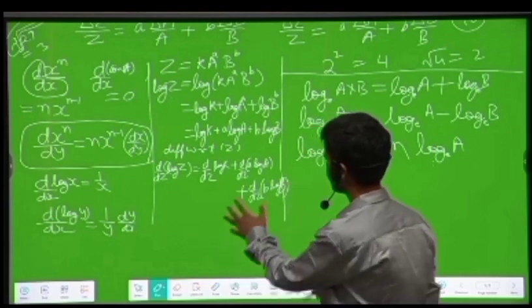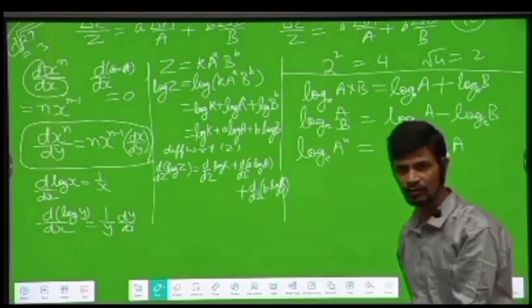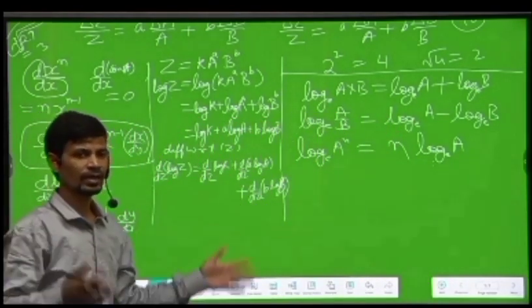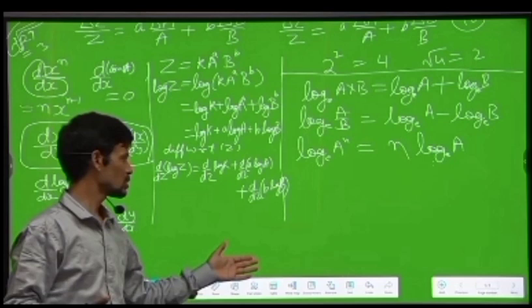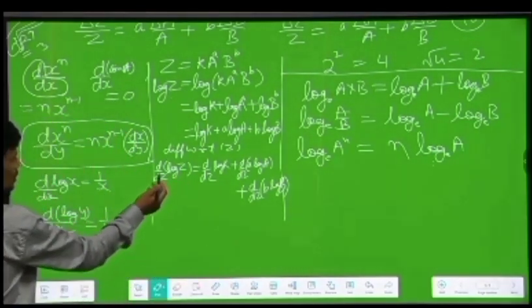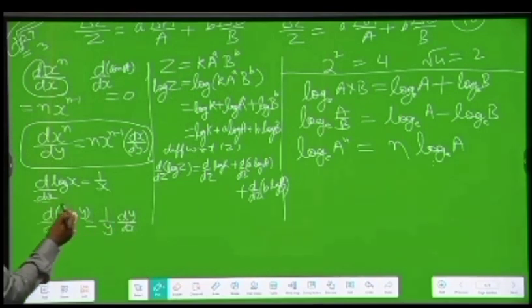Actually, we have to do this thing separately and then take mod of it, and later on we have to come back. But here we'll imagine that we are taking mod. So it means if there is some negative power, it will come out as positive. Okay, so d log z by dz, something like this.